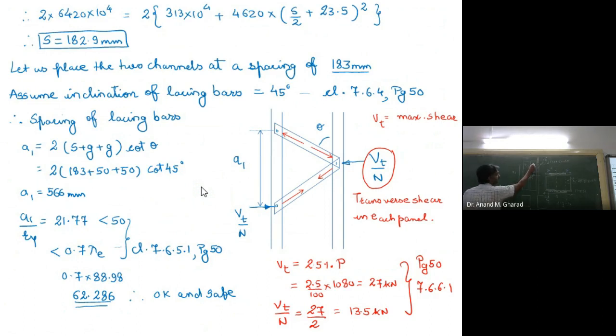It should not be alternate, because if you provide it like this, then it will be a sort of mechanism. Again, load transfer will take place, for which it is not designed at all. So we are supposed to avoid such alternate lacing patterns. It should be mirror image.